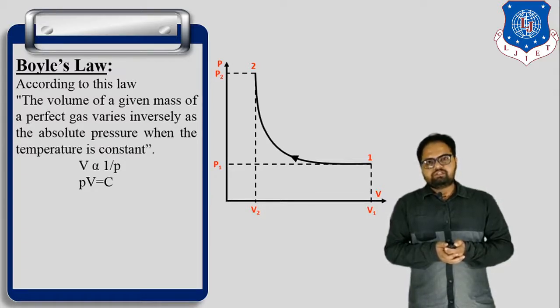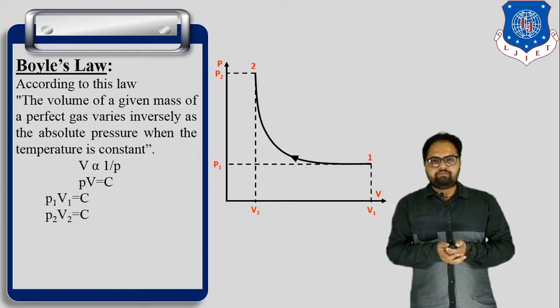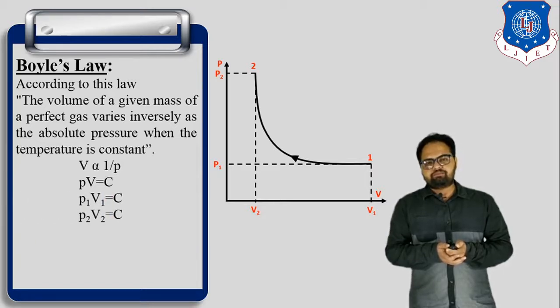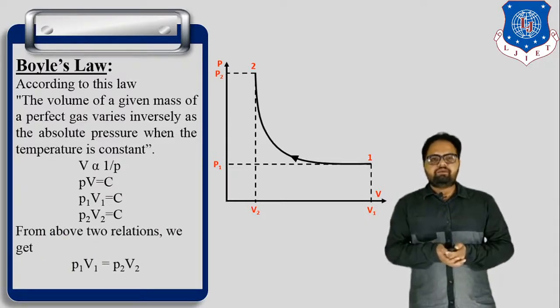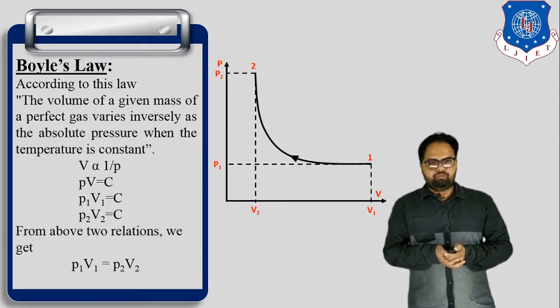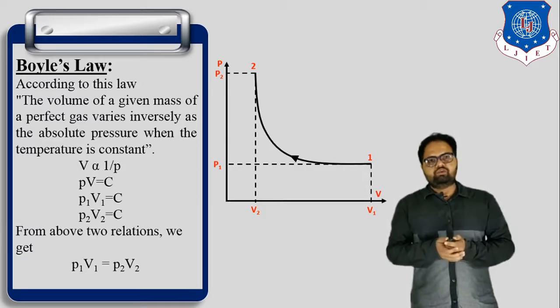If this system contains two states, state 1 and state 2, we can rewrite this equation as P1 V1 is equal to C and P2 V2 is equal to C, and the final equation from the above two relations becomes P1 V1 is equal to P2 V2. We are going to discuss this law in detail.